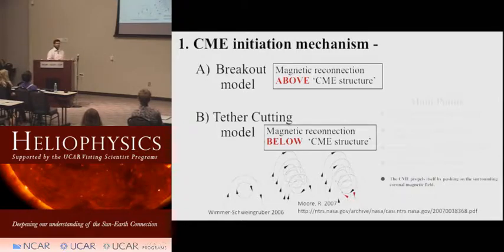So out of these two mechanisms for CMEs, the general concept that you want to walk away with is, where does the reconnection occur? The breakout model focuses on having magnetic field lines reconnect in an arcade above the CME structure, or above the flux rope.